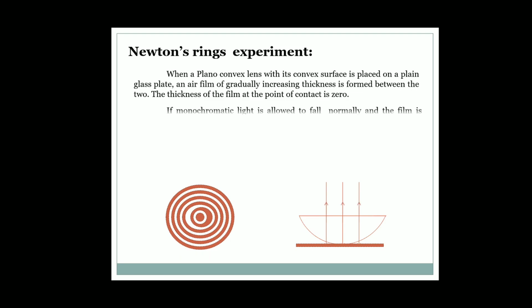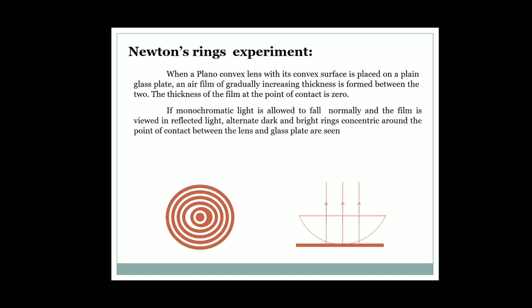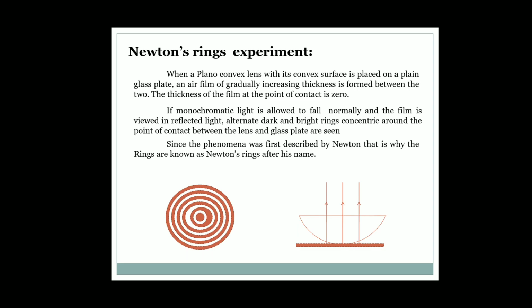These two rays interfere with each other and produce alternate dark and bright rings concentric around the point of contact between the lens and glass plate. This phenomenon was first discovered by Newton, that is why the rings are known as Newton rings after his name.